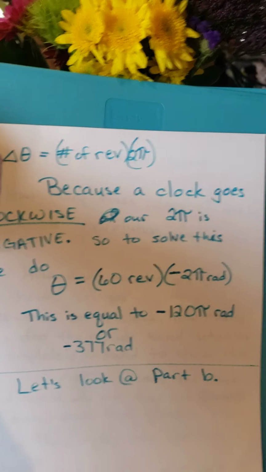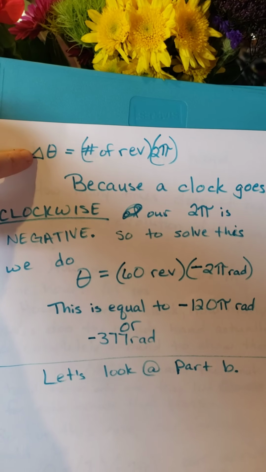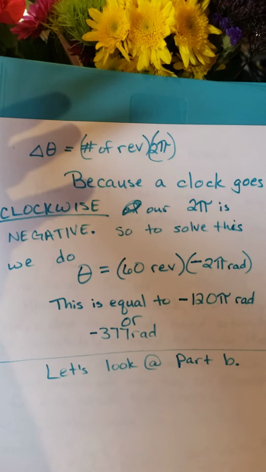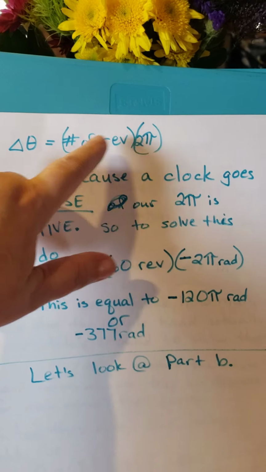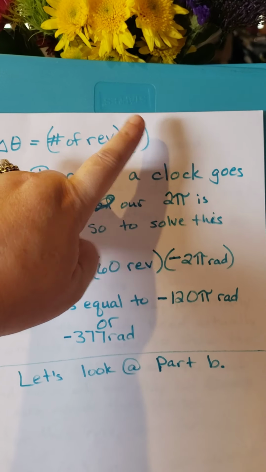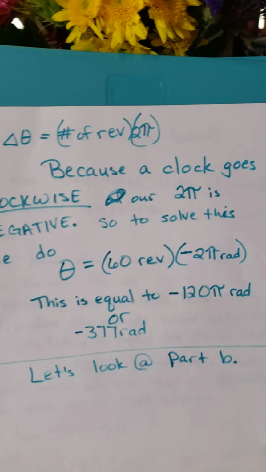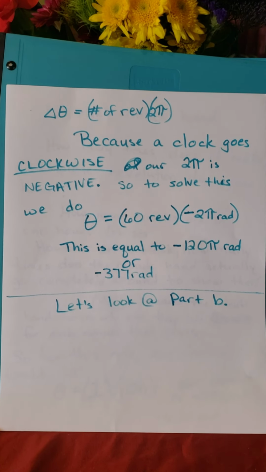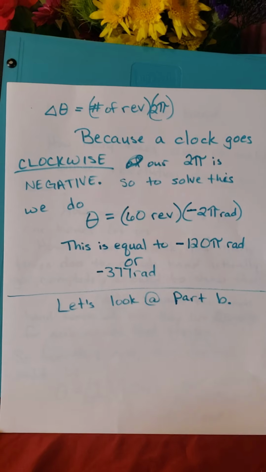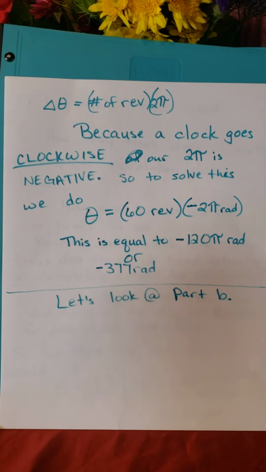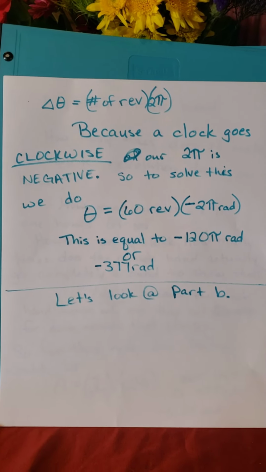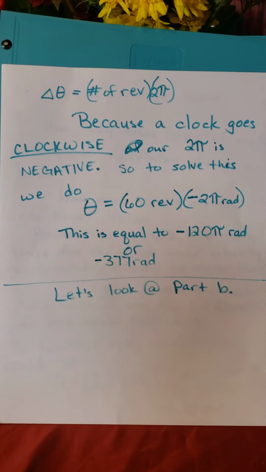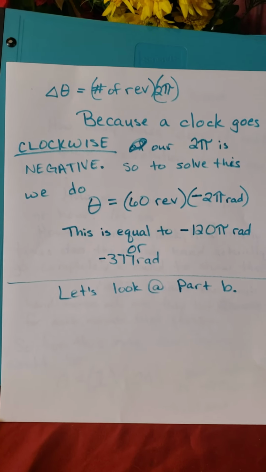Theta, the angle we're trying to get, is the number of revolutions times 2 pi, because 2 pi is a whole revolution. And please remember, because the clock is going clockwise, like a normal clock, 2 pi is negative, because clockwise in physics right now is negative.